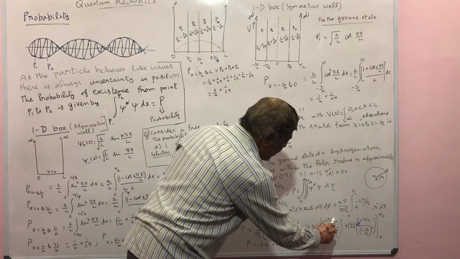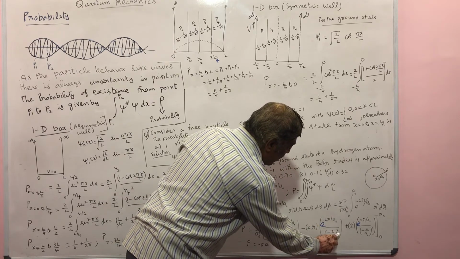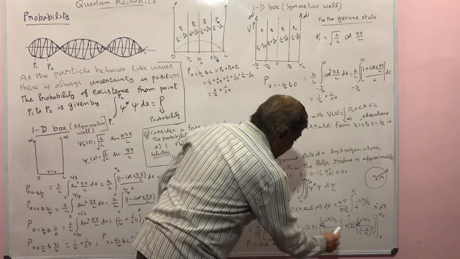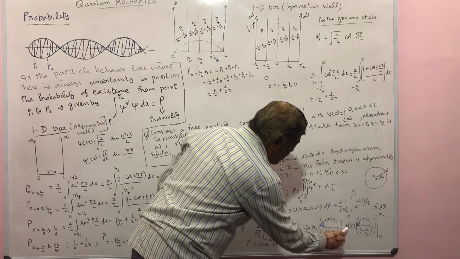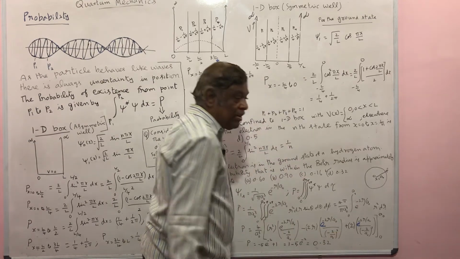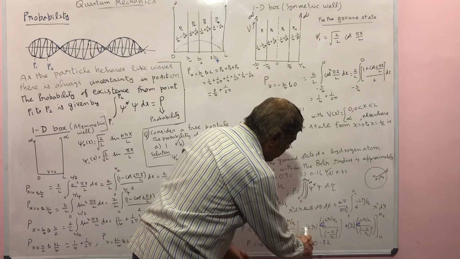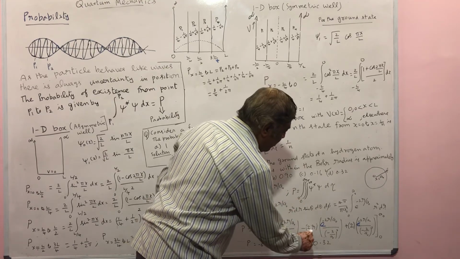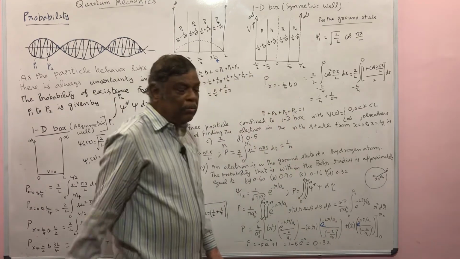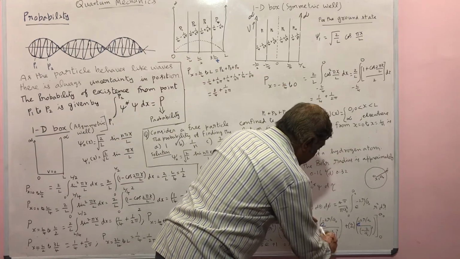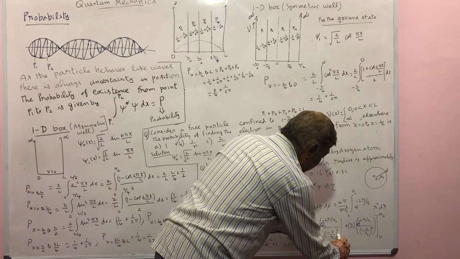e power minus 2r by a0 by minus 2 by a0 whole square. Then change sign. Since it is a minus, you have to change sign, so this will be plus. Then you have to differentiate the value within this bracket. It's a 2r. If you differentiate, this becomes 2. And here, the integrated value, you have to integrate it again.